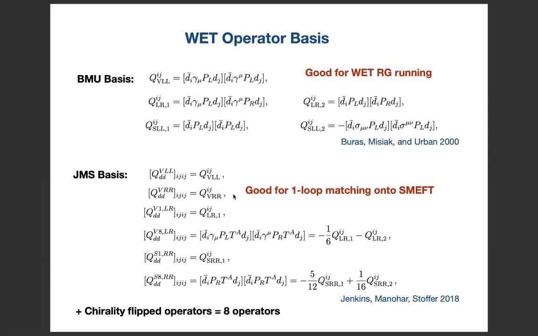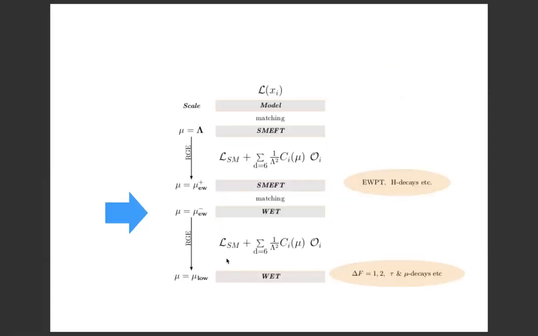Then the JMS basis is good for the one loop matching of WET onto SMEFT, done by Peter Stoffer and Dekens. So once we have the low energy Wilson coefficients in the BMU basis at the low scale, we can run them up to the electroweak scale using the BMU RG equations.